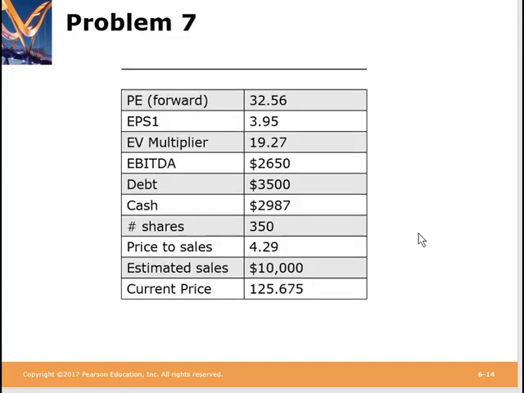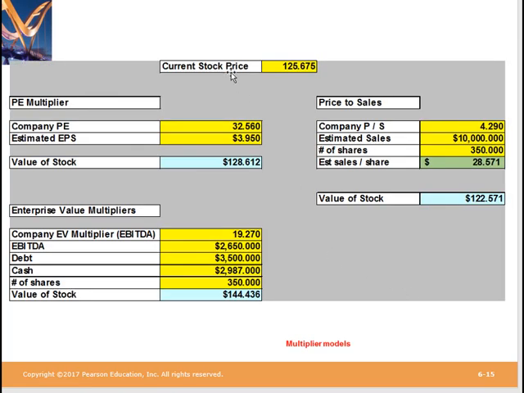In problem 7, we're going to look at the multiplier models. Here's the data that we can gather. Again, we get this data from a number of places, Yahoo Finance or annual reports, a variety of places. So the current stock price of this company is $125.68.